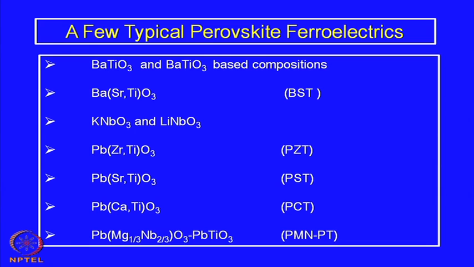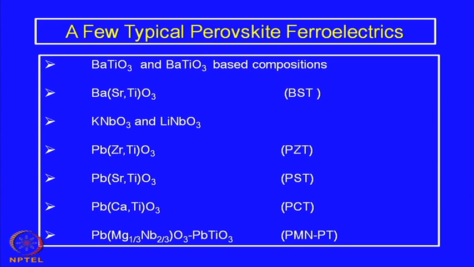However, it is not so much used as a capacitor material. It is used in some cases, but to a limited extent, whereas its main application is in the piezoelectric range. We will be discussing in a few minutes what piezoelectricity is and what its characteristics are and what it is used for. So, we will discuss PZT, lead zirconate titanate, in that context in more detail.